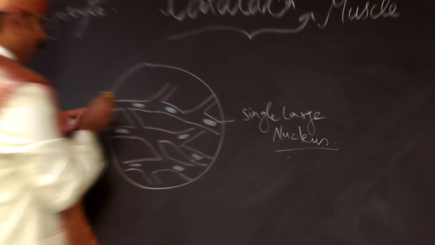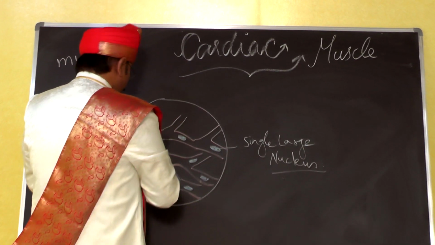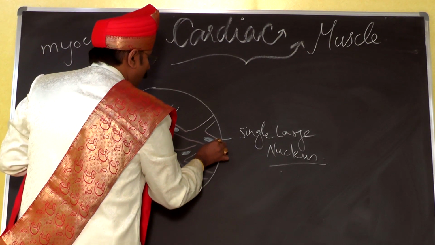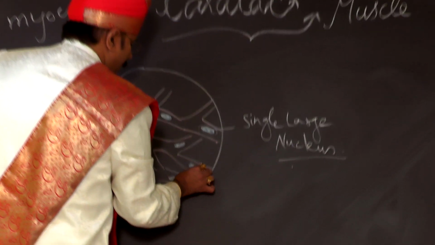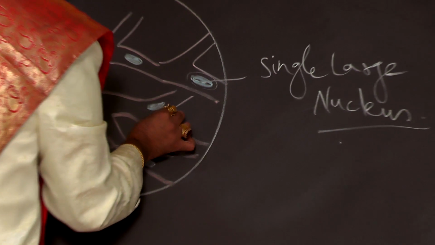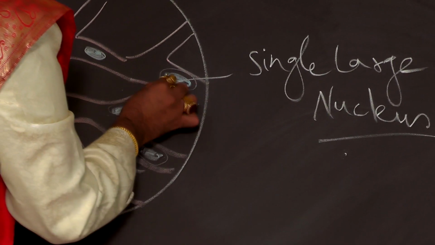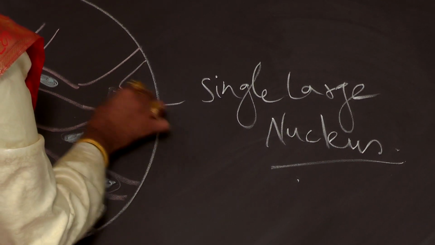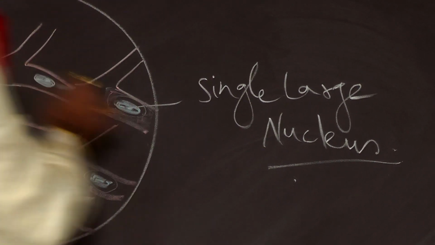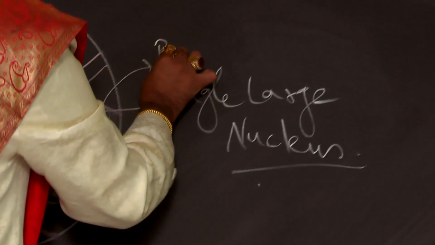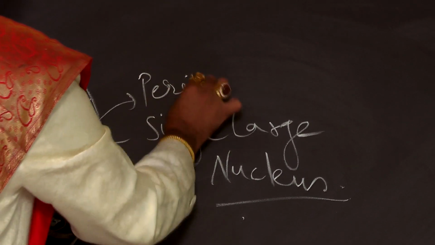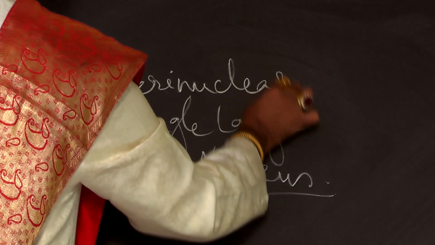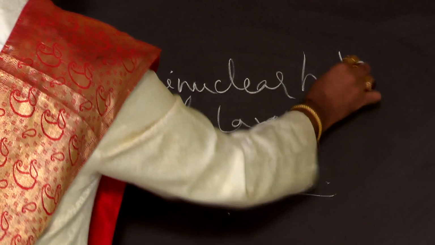Around this nucleus there is a perinuclear halo. The cytoplasm is present in such a style that there is a hollow around the nucleus, and this portion is called the perinuclear halo.